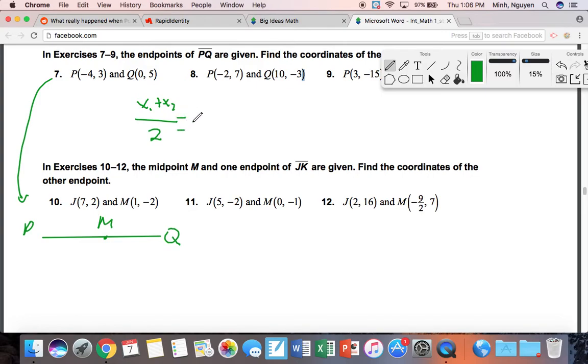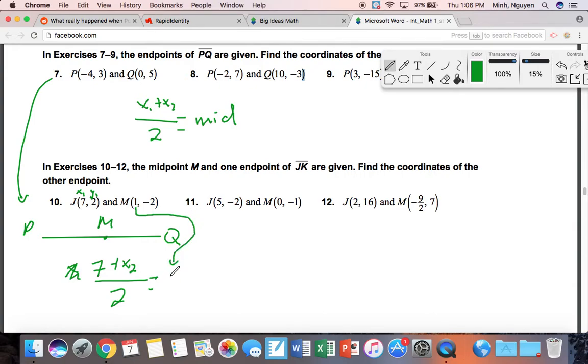So here's another way to think about this. You could say this is x1 and y1, and you have no clue what x2 and y2 are. So you say 7 plus x2 divided by 2 is equal to the x value of the midpoint.